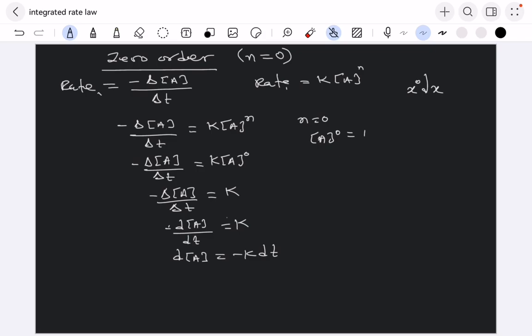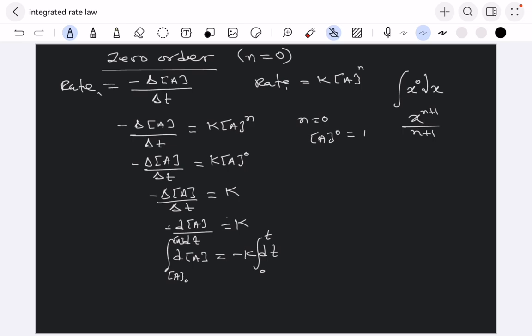So when we do the integral, the rule is x^(n+1) over n+1. We integrate from the initial to the final, that is from 0 to t.